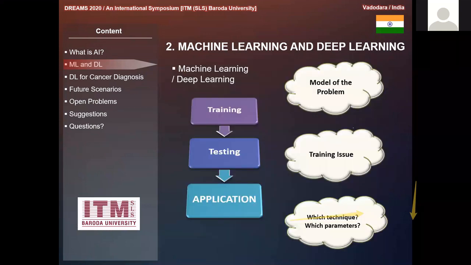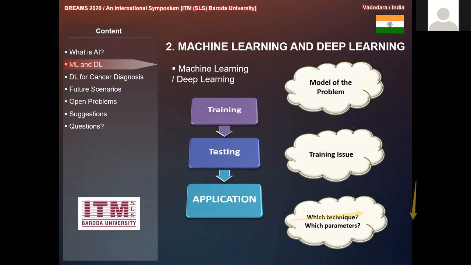You apply training, testing, and application phases to deal with the data. But problem modeling is always a problem, and training issues are also very important problems because you should select accurate parameters and also data to deal with the problem and reach the desired outputs. So these are very important things.